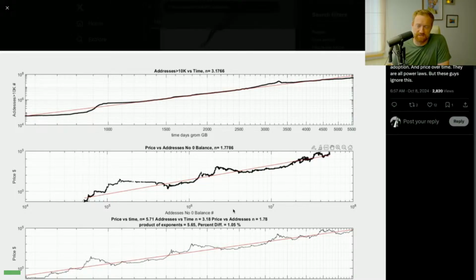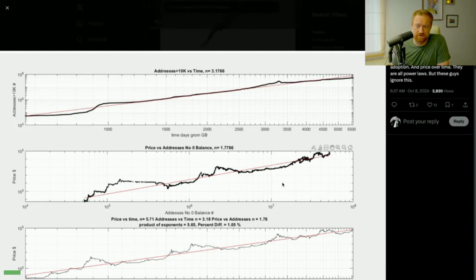I'll get to addresses here in a second, but my little chart engine runs better with dates or time. So here he has time here. Here he has addresses with zero balance, with no zero balance, versus price, and your power is actually pretty close to 2. So it's a pretty good representation of Metcalfe's law right there.